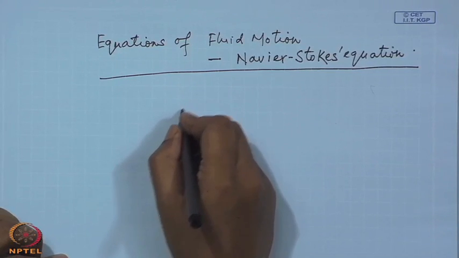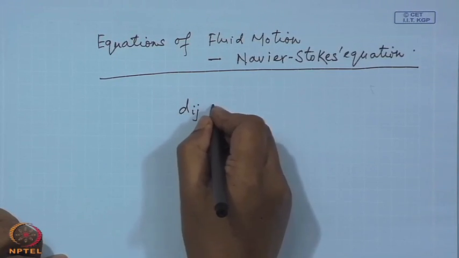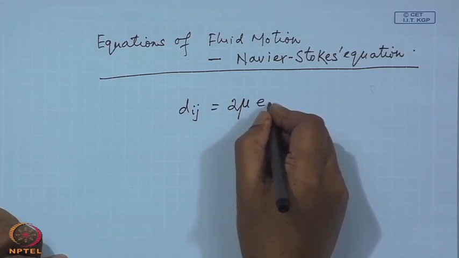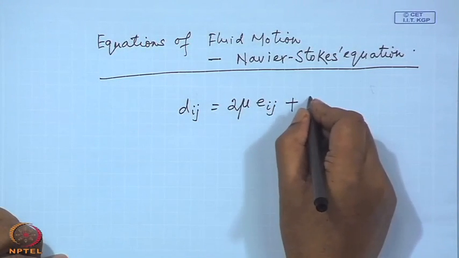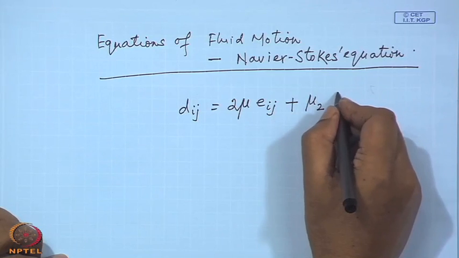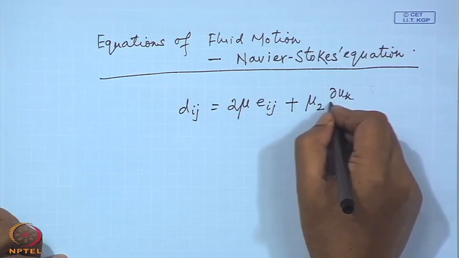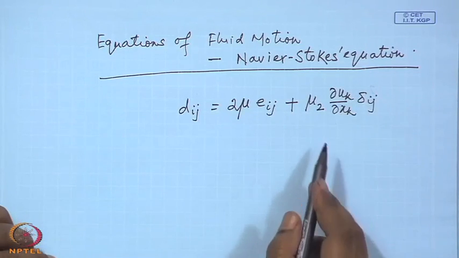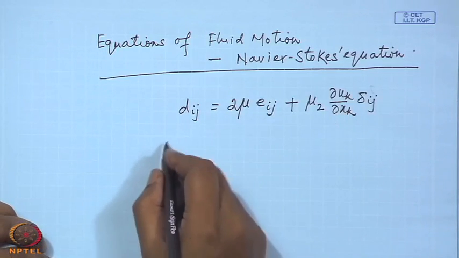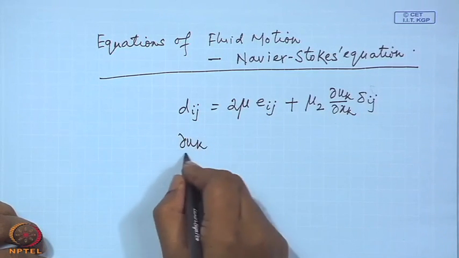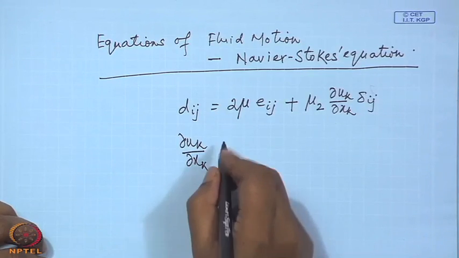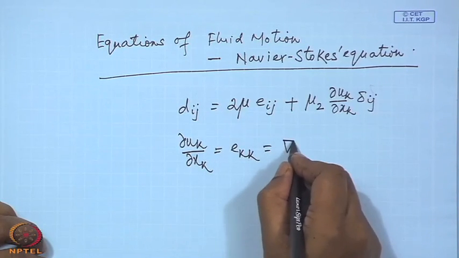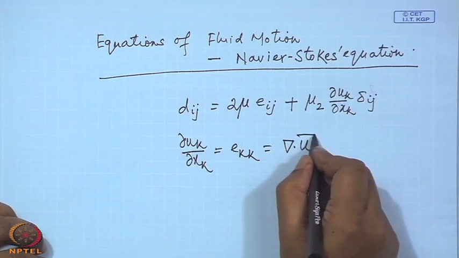If you remember, d_ij was 2 mu E_ij plus mu_2 du_k/dx_k delta_ij, and this du_k/dx_k, as you know, is the rate of expansion or dilatation, and in the conventional vector notation can be written as the divergence of the velocity.